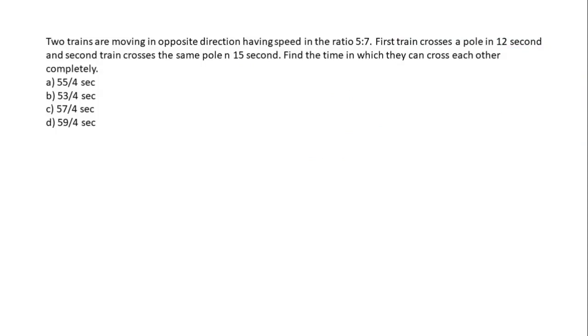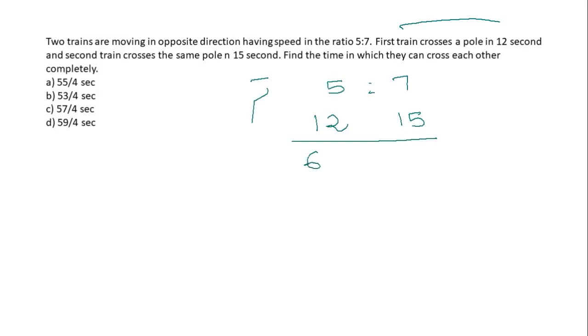Okay, so we'll take 5 is to 7 as the speed. At the first pole it takes 12 seconds to cross, and the second one takes 15 seconds. Probably it gets 60 and 105.